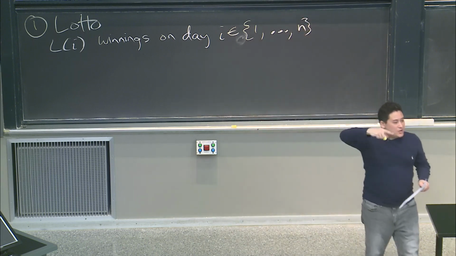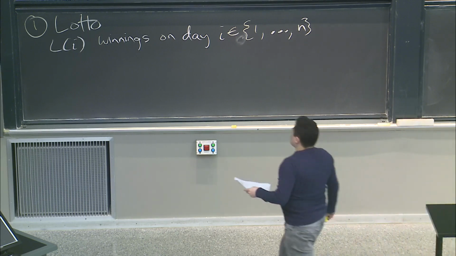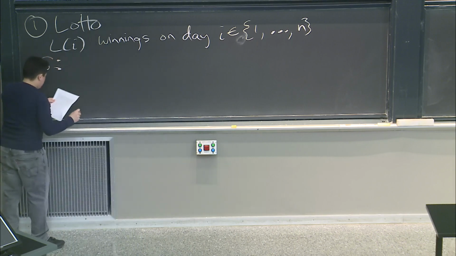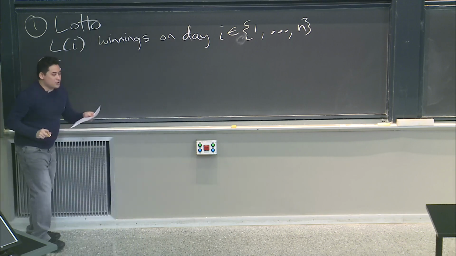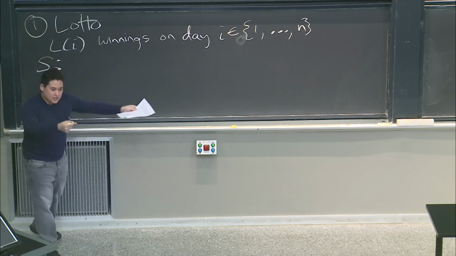Okay, so I have days 1 to n. I know what their lottery payouts are. So when I'm doing my subproblem stuff, what I might want to do is see what happens on day 1 and recurse on what's later.